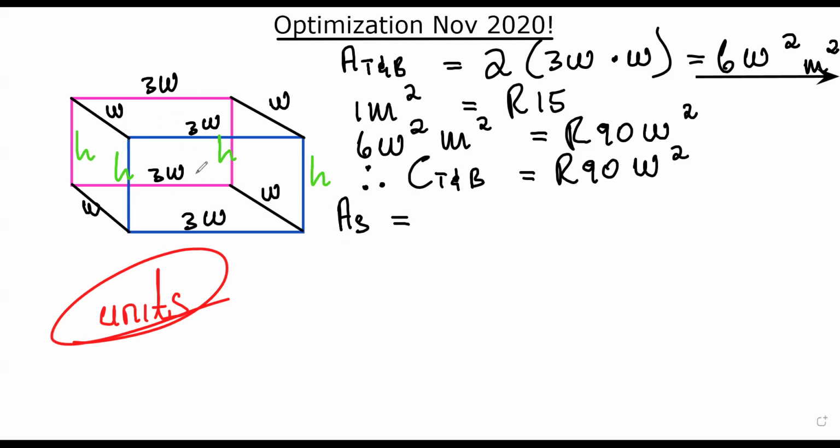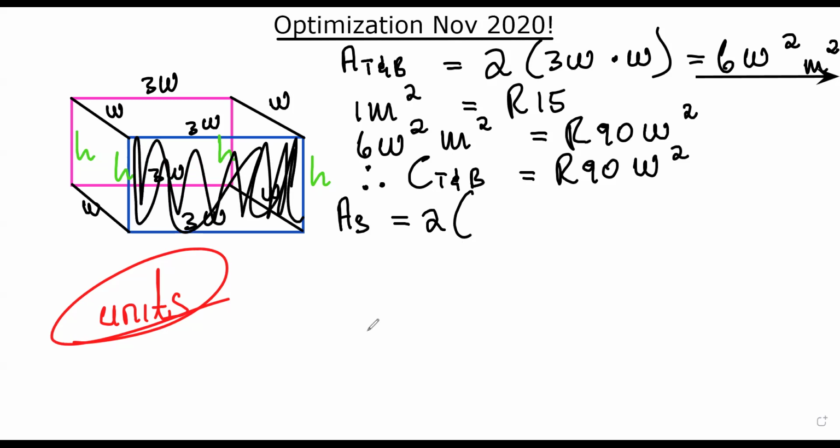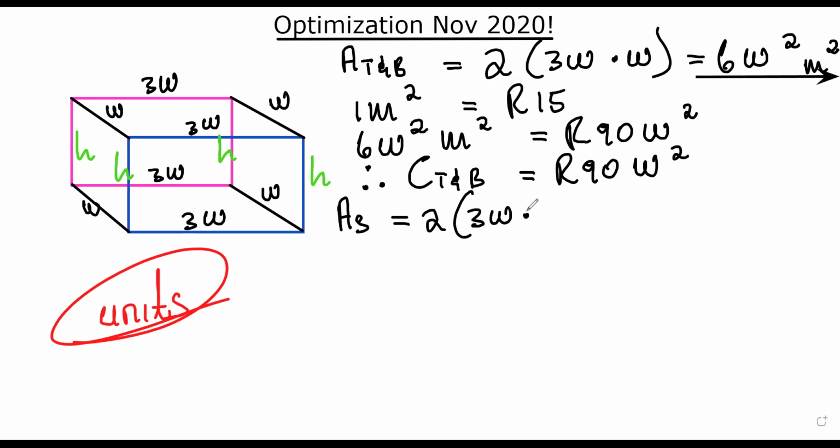So when it comes to the sides, we need to consider the front and the back parts. And since the front and the back have exactly the same area, then we can say 2 times the area of one surface.